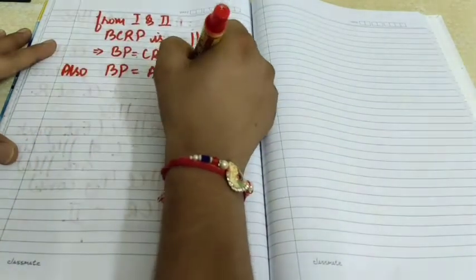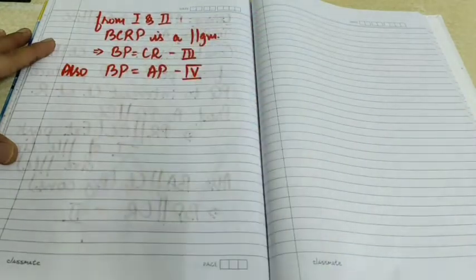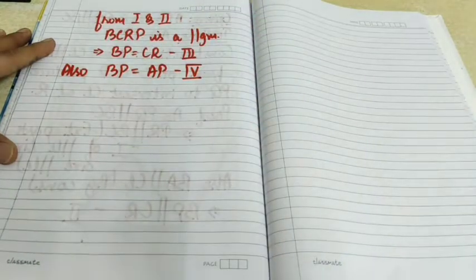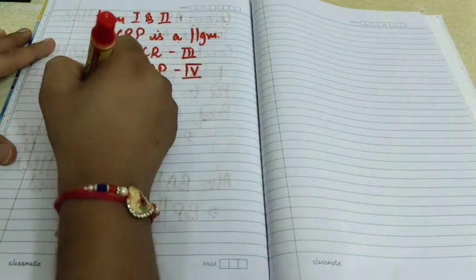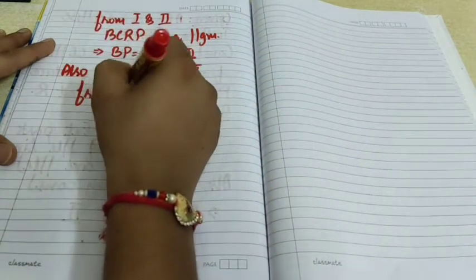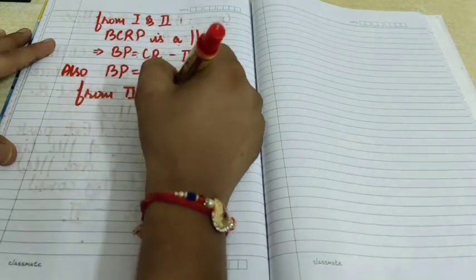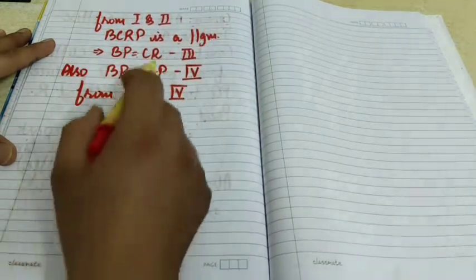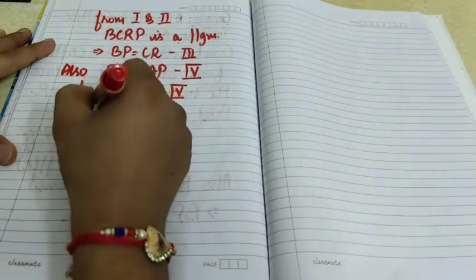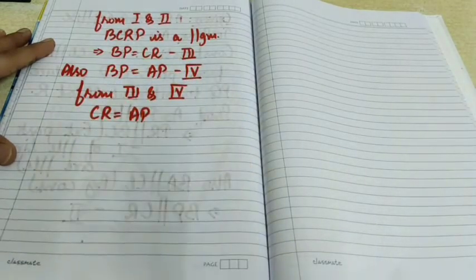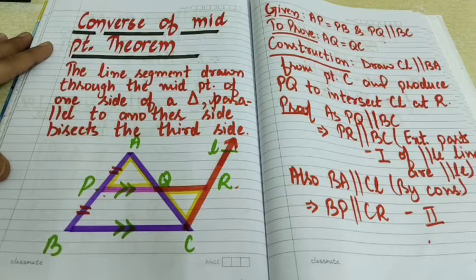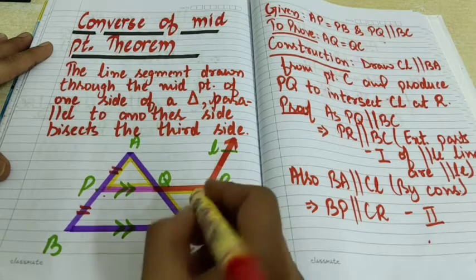It is due to the reason that P is the midpoint of AB. From 3 and 4 we can further conclude that CR is equal to AP.